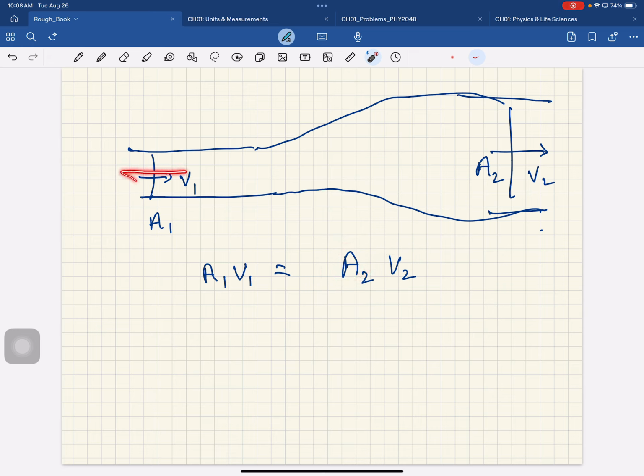Blood is coming out of your heart at about a foot a second, and when it comes to the capillaries, it's flowing at about a millimeter a second. So the velocity is higher where it's smaller, and as it opens up, it gets lower. Yep.